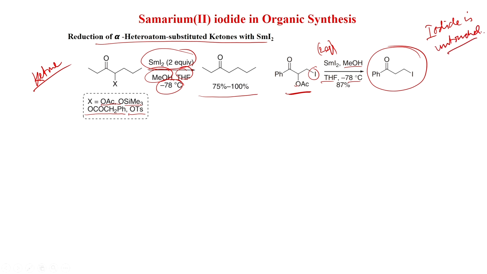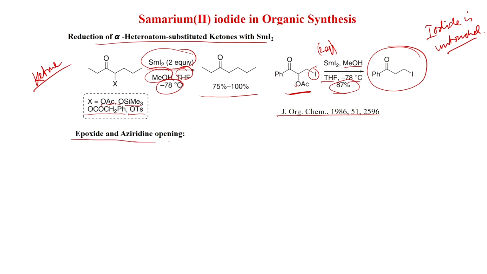That means this removal is a very fast process, because here the iodide is not removed. So, generally we know that iodide generates a radical, but here the acetoxy removal, that is, the carbonyl is activated here. So, carbonyl reduction is very fast, and after that you eliminate the acetate and you get this product in 87% yield. This was published in Journal of Organic Chemistry 1986.